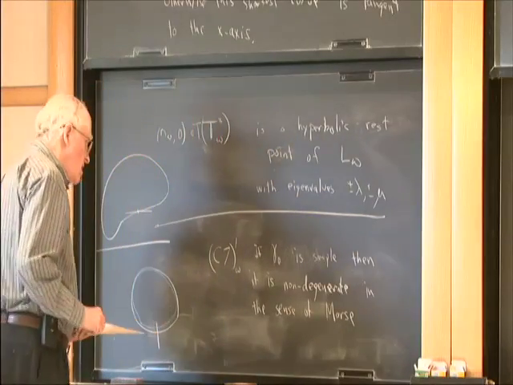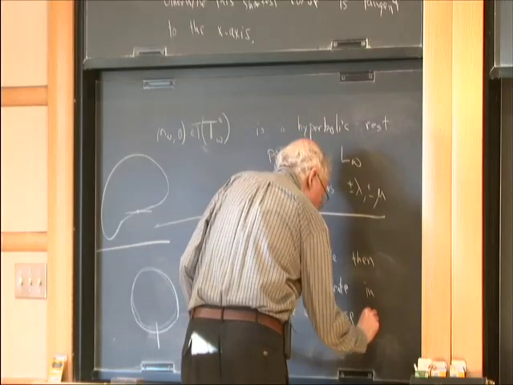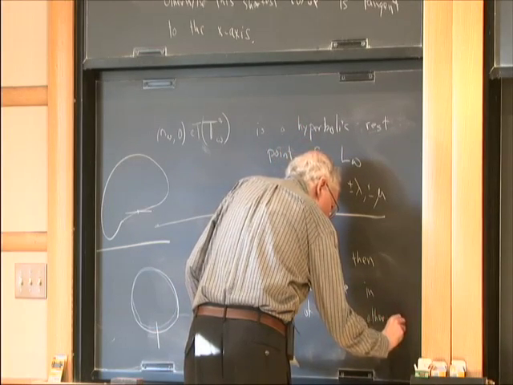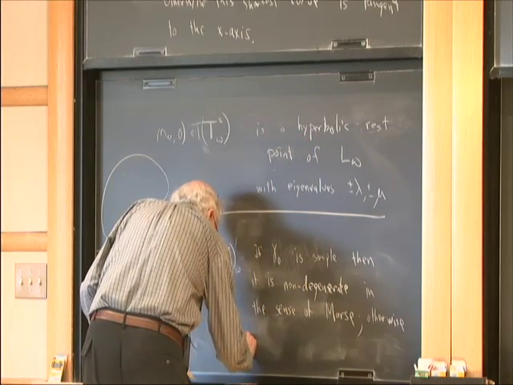And otherwise, gamma 1 and gamma 2 are non-degenerate in the sense of Morse.